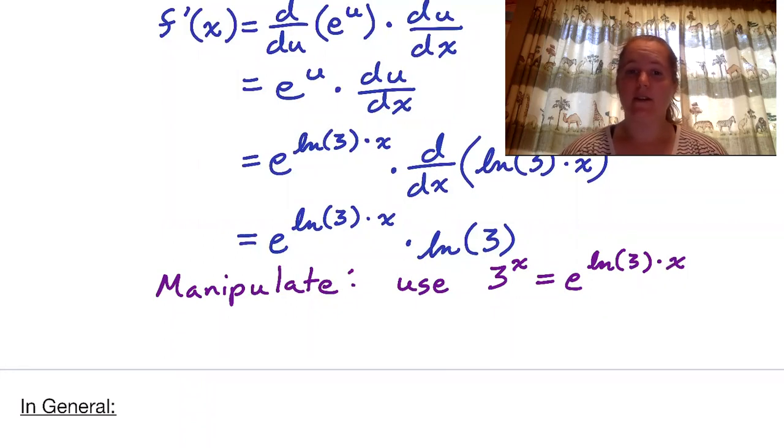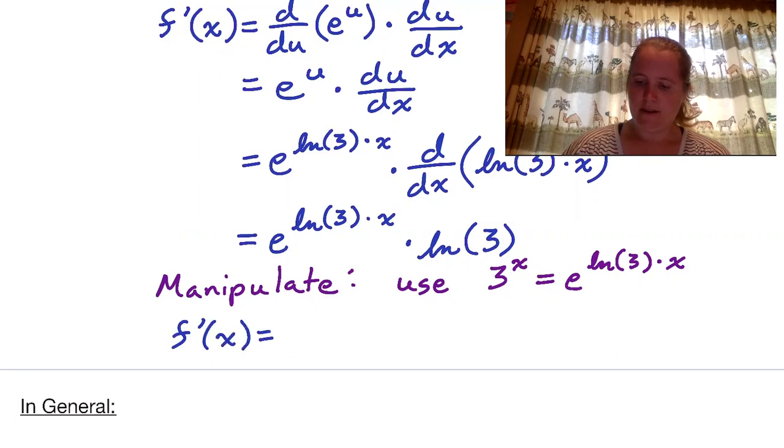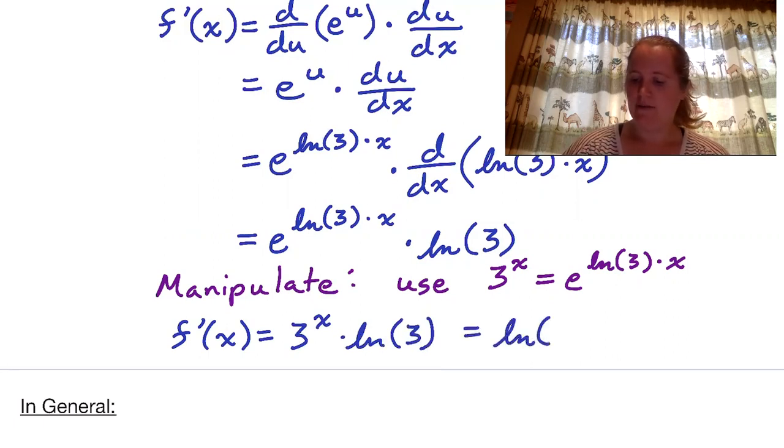We did this earlier, and so we wind up getting f prime of x is equal to 3 to the x times the natural log of 3, or we would usually write this as natural log of 3 times 3 to the x.